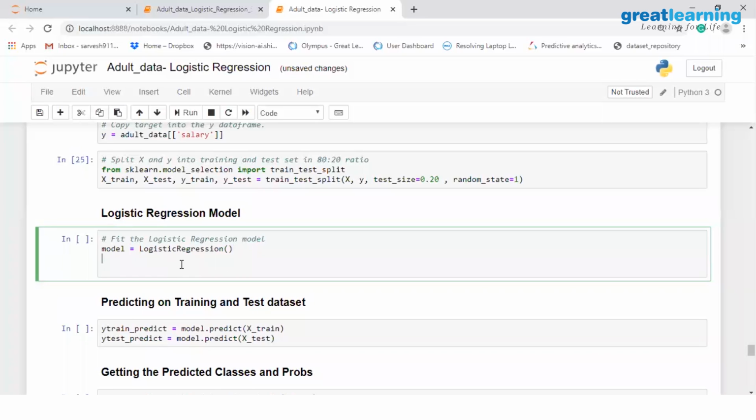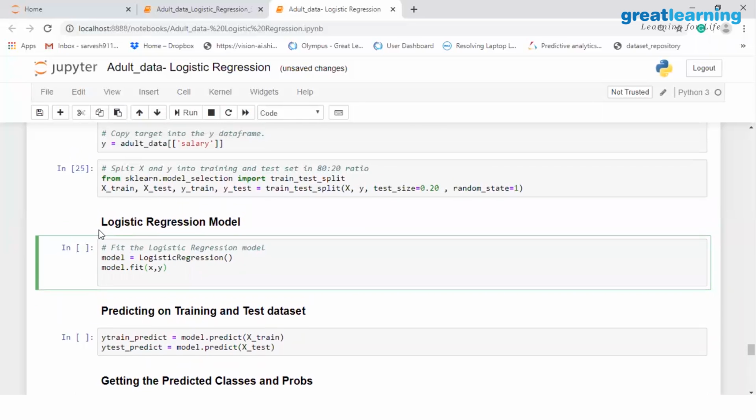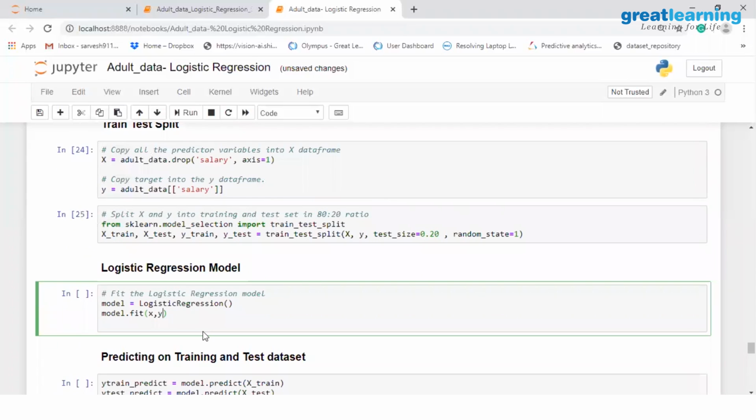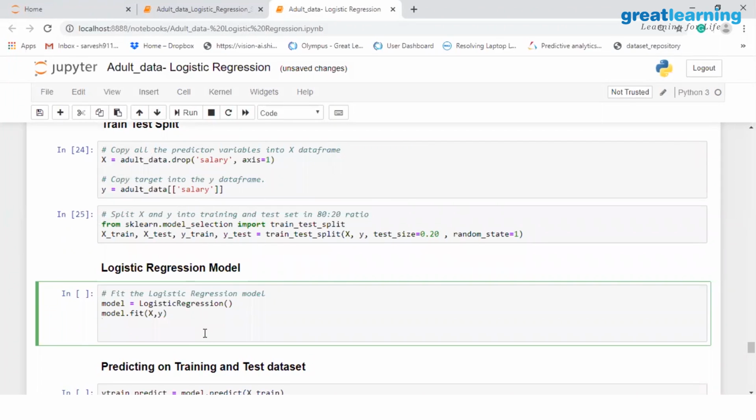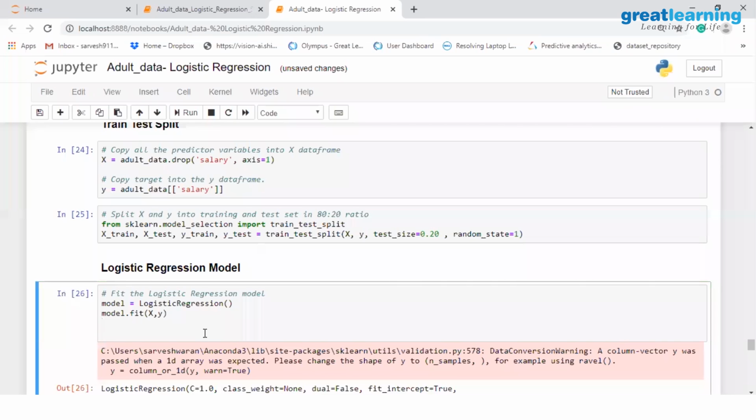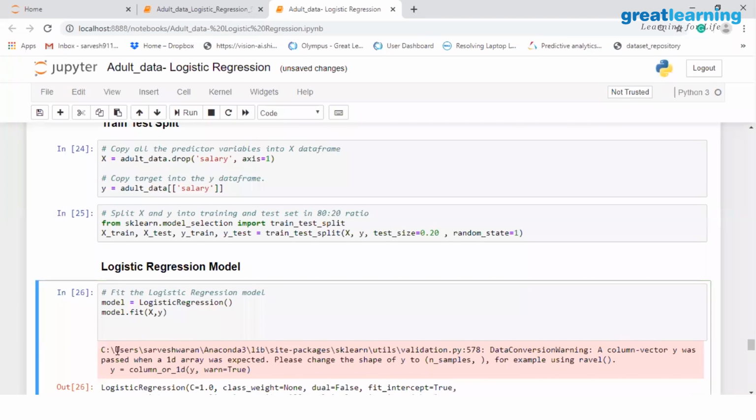Then model dot fit, capital X comma y, right? In this case I have put it in capital X comma y. Now I have fit the model.